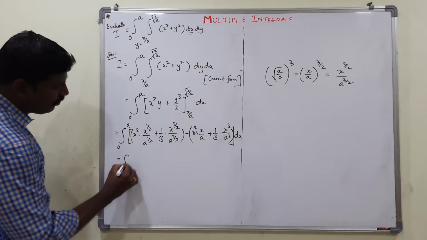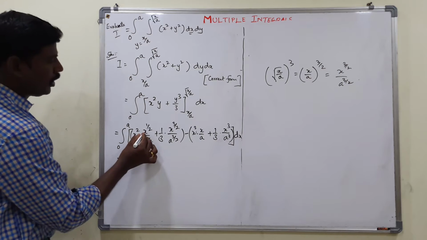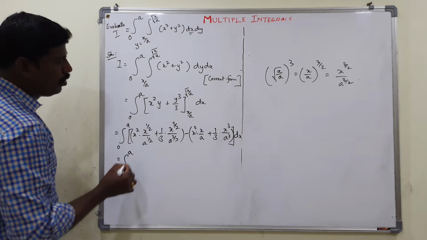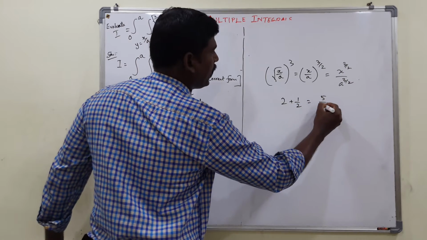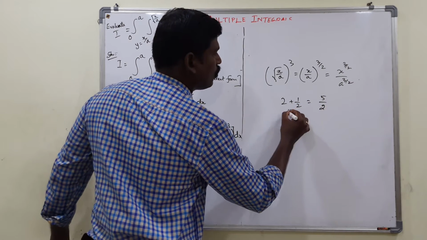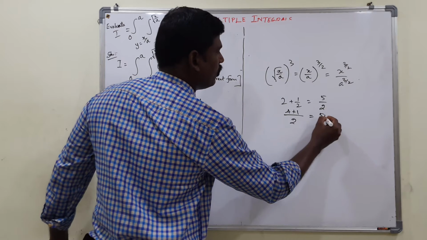So this can be simplified into what? x to the power 1 by 2 plus x to the power 2, that is 2 plus 1 by 2, isn't it? So 2 plus 1 by 2, by taking LCM as 2, so 4 plus 1, it is equal to 5 by 2.